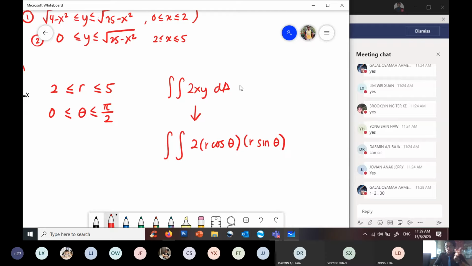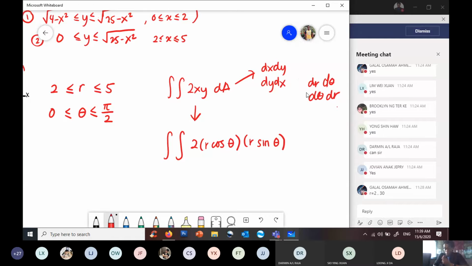Okay, dA, usually we would write it as either dx dy or dy dx, depending on the situation, isn't it? But now, we are going to write it as dr d theta or d theta dr, because these are the two variables we are using. And another important point here, please keep this in mind, very important.